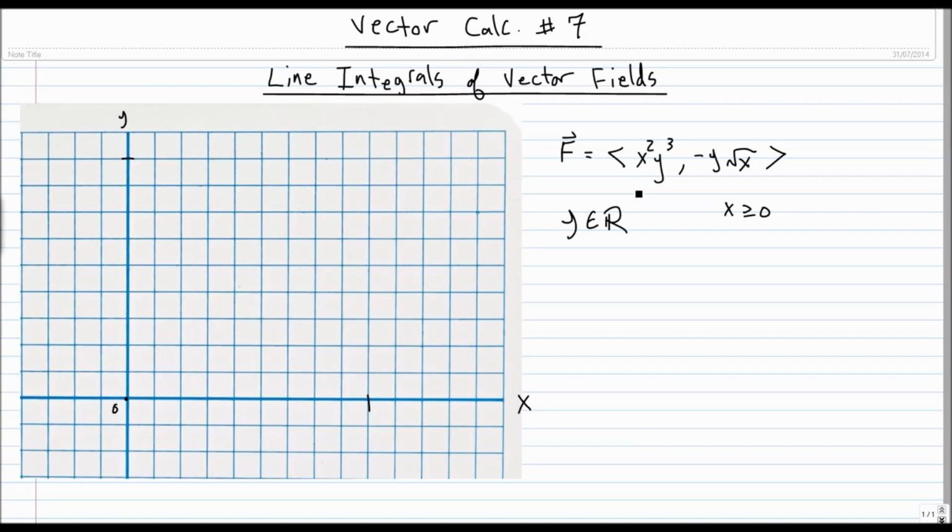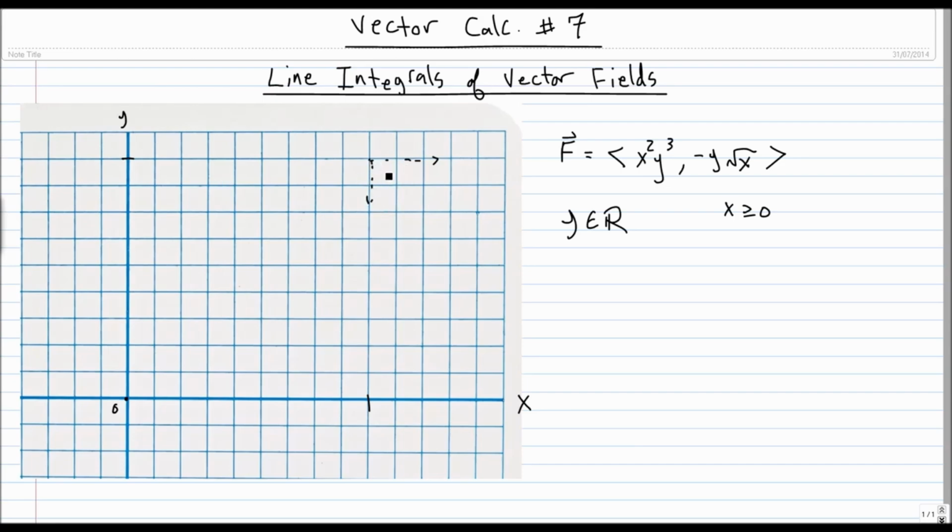What about at the point 1, 1? Okay, so at the point 1, 1, x is 1, y is 1. So the x component would be 1, and then the y component would be, well, negative 1. So right here, the x component would be 1 in that direction, and the y component would be negative 1 in that direction.